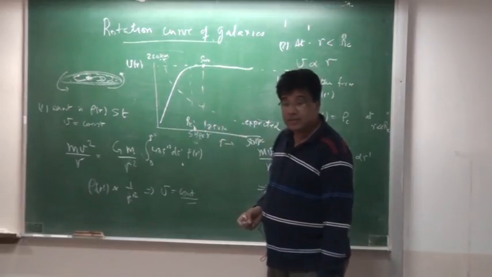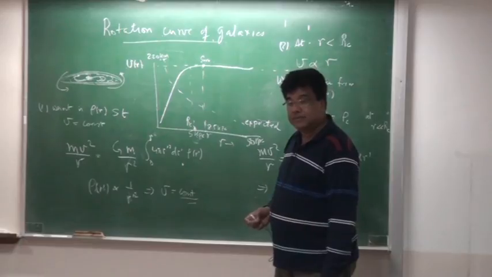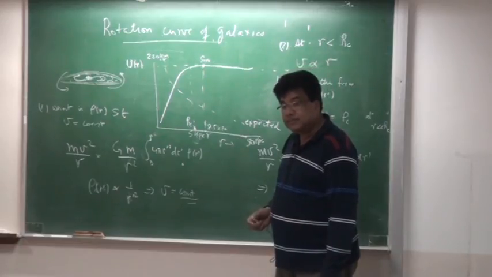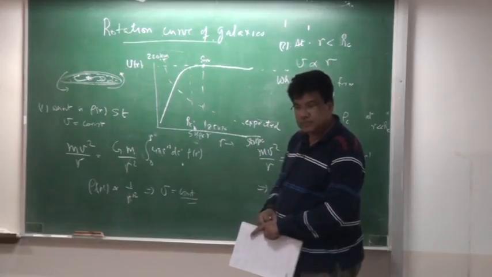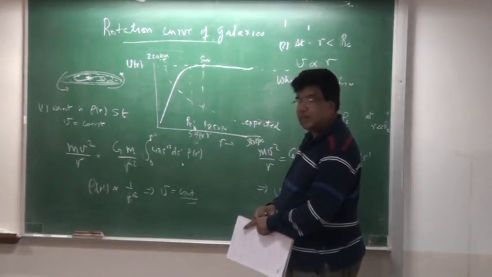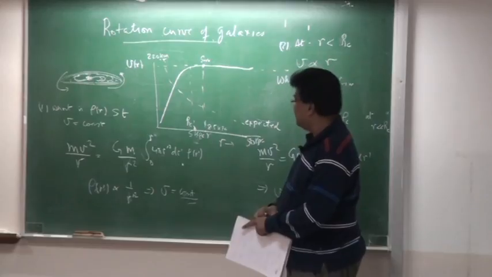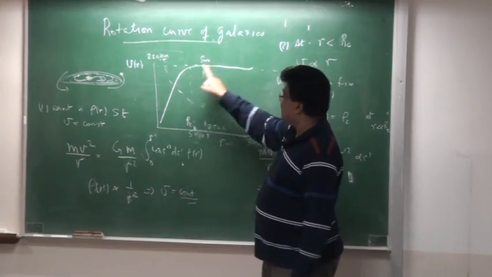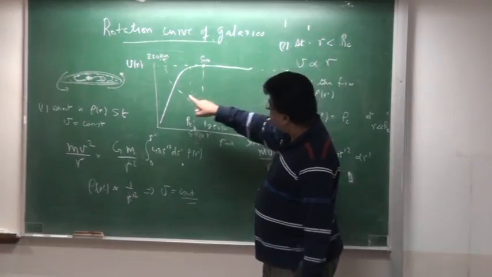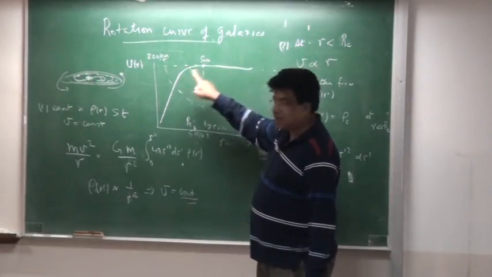Some subtraction from the sun, so we take the observed minus the expected. Okay, you are making a good point that the total velocity curve would be the sum of this plus this one.